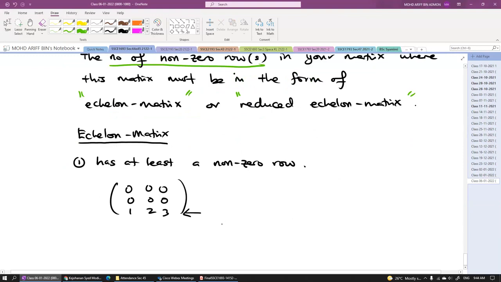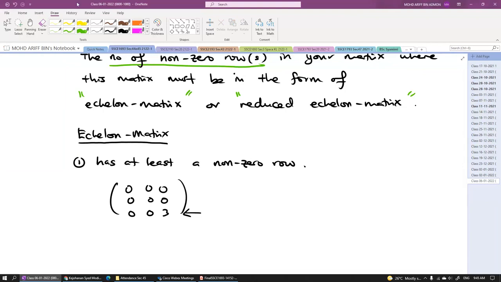But yet you have to check another condition. Same goes for, let's say, 0, 0 here, but 3, the last element here, still considered a non-zero row. When we say non-zero row, at least an element in that row is not zero.